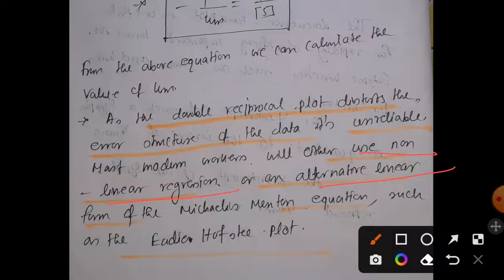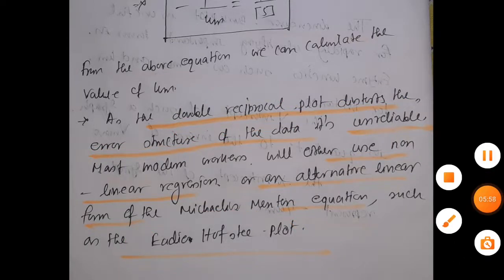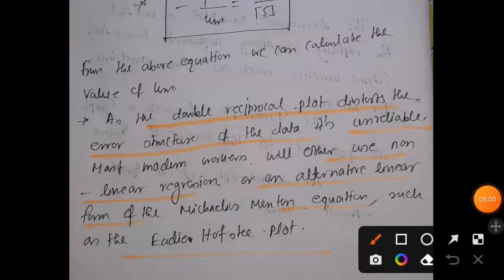That will be our topic of the next class, the Eadie-Hofstee plot, because the double reciprocal plot distorts the error structure of the data, which makes it unreliable. So you can easily remember that the double reciprocal plot is useful for graphical representation of the Michaelis-Menten equation. We can easily derive the value of Km and Vmax, but for more accurate calculation, modern workers nowadays use the Eadie-Hofstee plot.